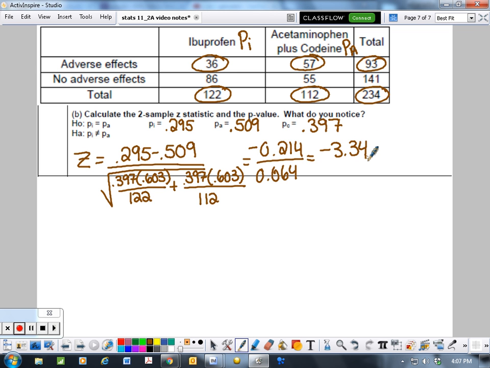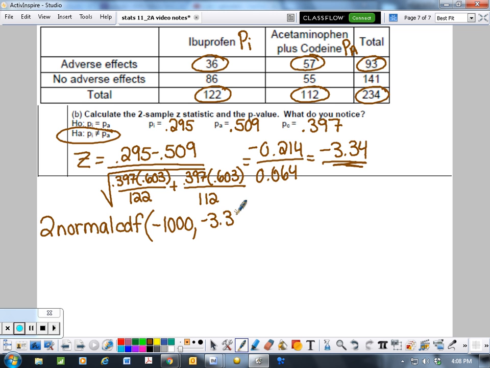So now we calculate the probability of getting that or lower, but because this is really either way, we're going to do a 2 normal CDF because it's a not equal to. Because this is negative, my lower bound is going to be just really low. My upper bound is going to be my statistic value. My mean is 0, my standard deviation is 1.